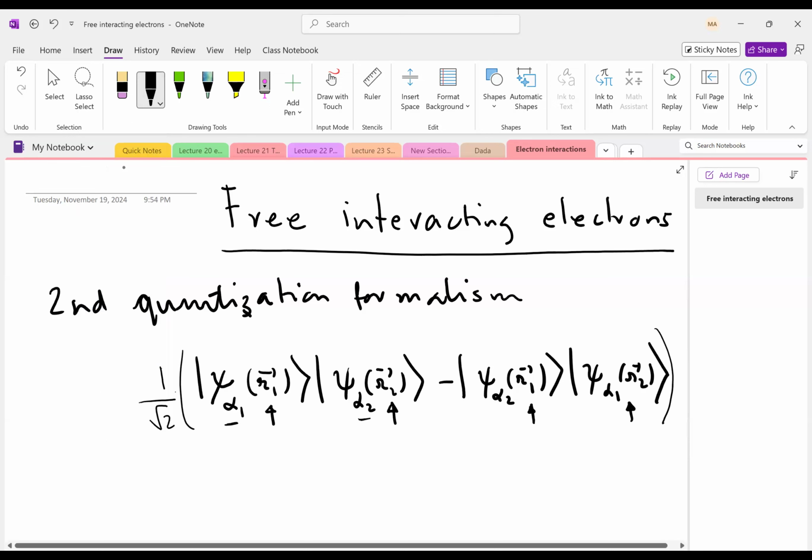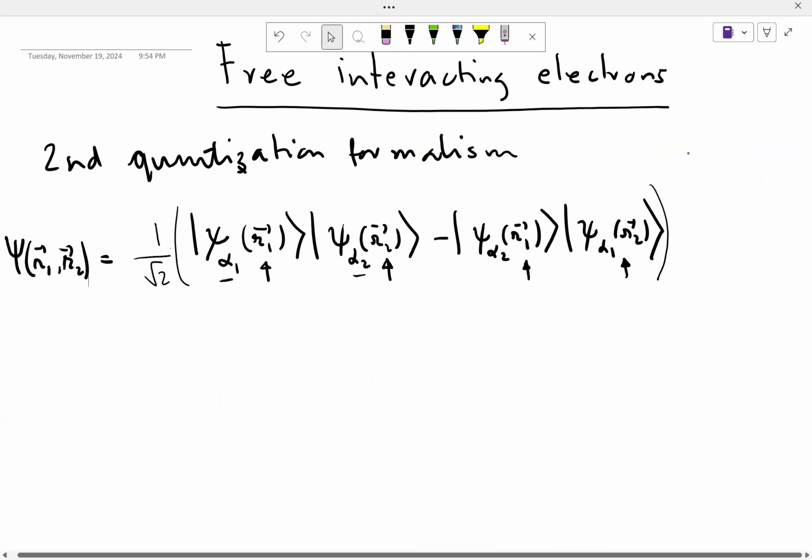We form this linear combination of terms to make the overall wave function psi R1, R2 antisymmetric. So this is an example of a two-particle wave function, which is antisymmetric with respect to exchange. All right, so far so good.